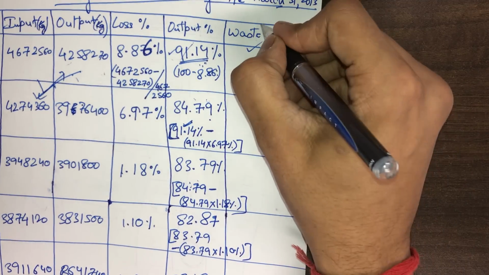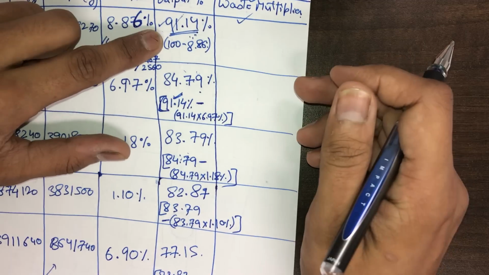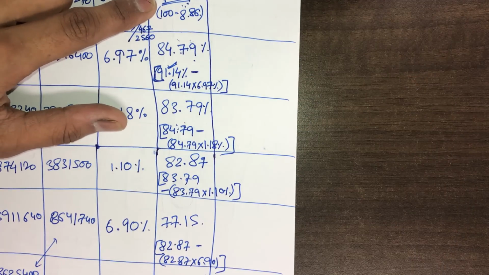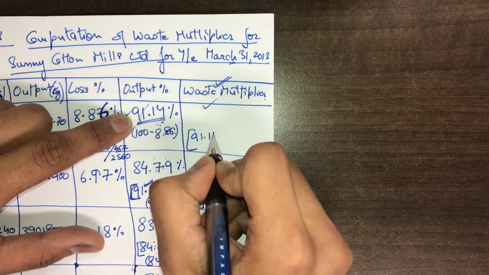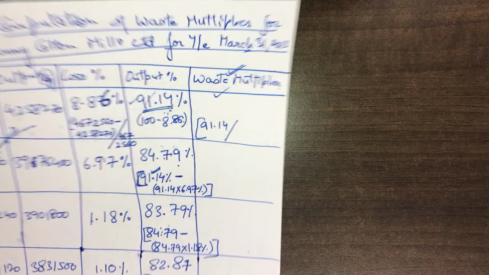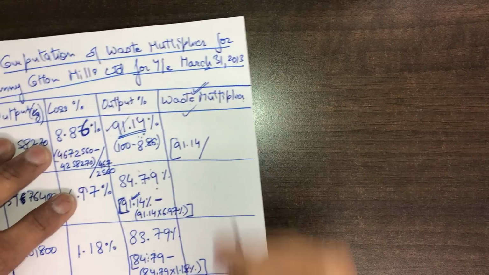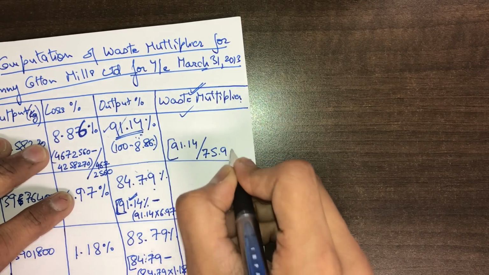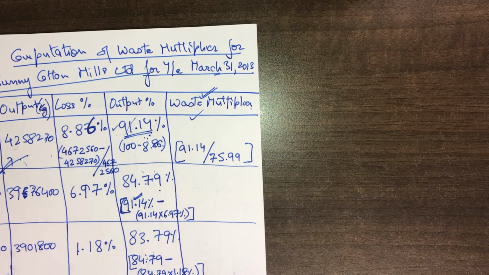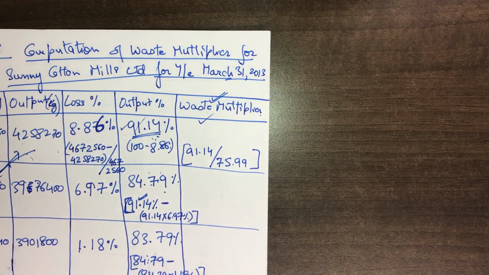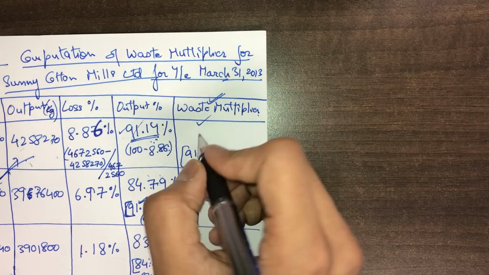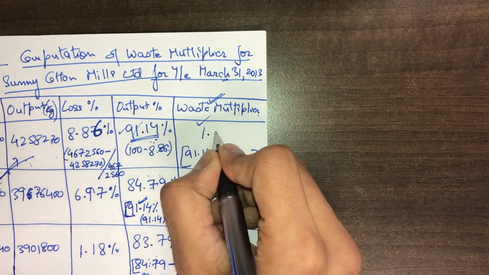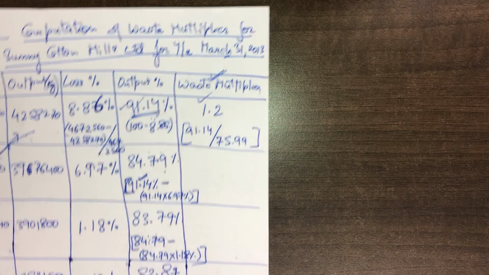Now we can easily compute the waste multiplier by dividing the output of each process by the output of the last process. So for example, the waste multiplier of the first process is 91.14 divided by 75.99, which is 1.2.